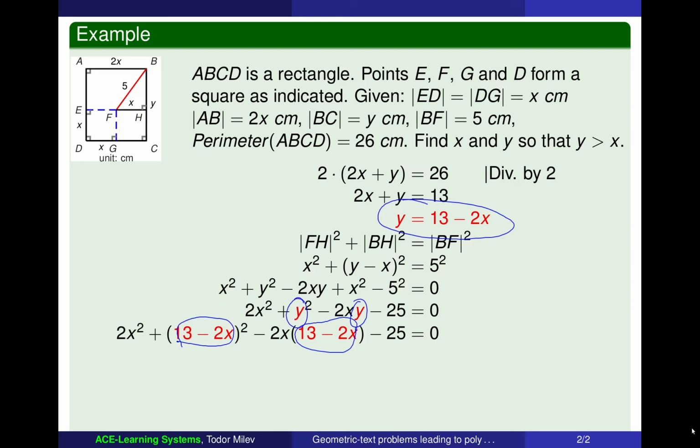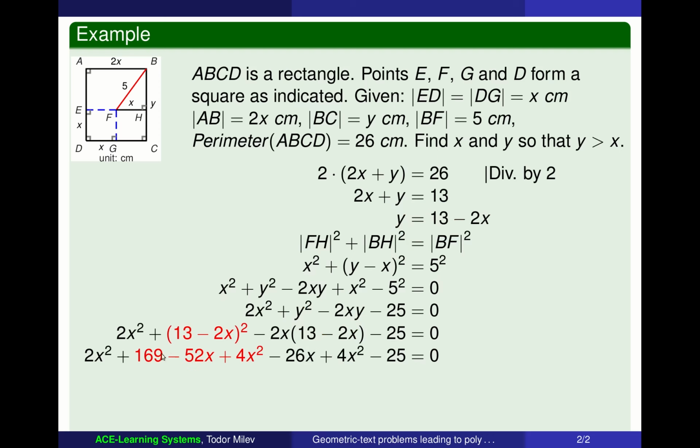Okay, now my system has been transformed to a system of one equation with one single variable, namely the variable x. All right, so let's uncover the parentheses. As you can see, this expression is rather large, so I'm going to uncover all the parentheses.